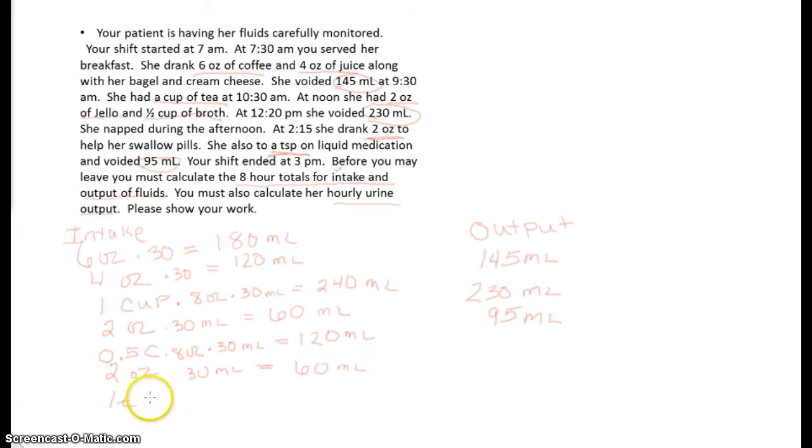And a teaspoon we know is equal to 5 mLs. And so we have everything converted to milliliters.